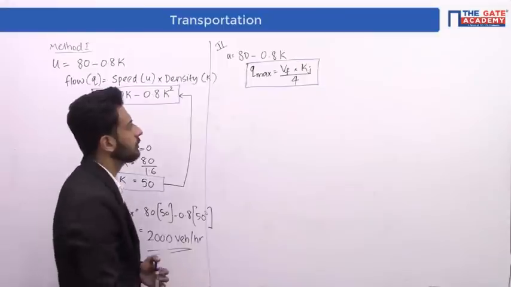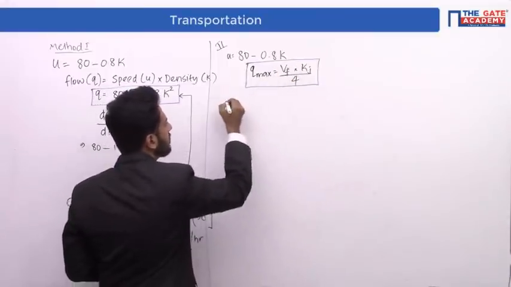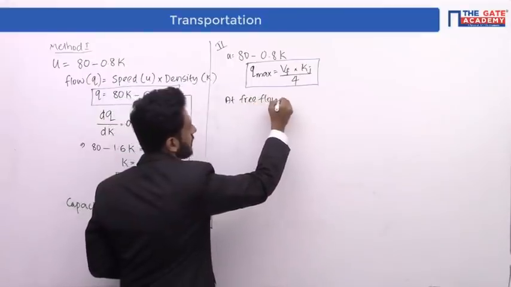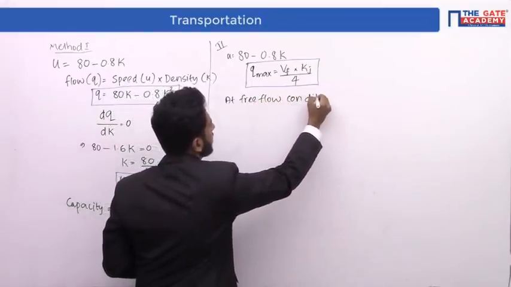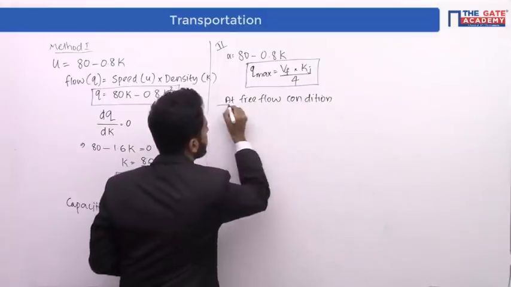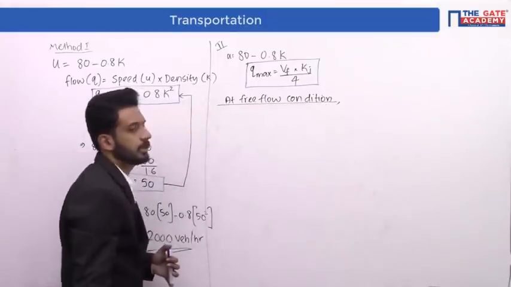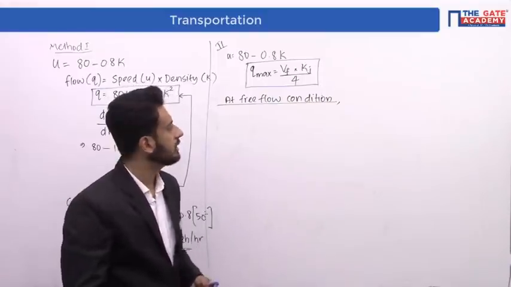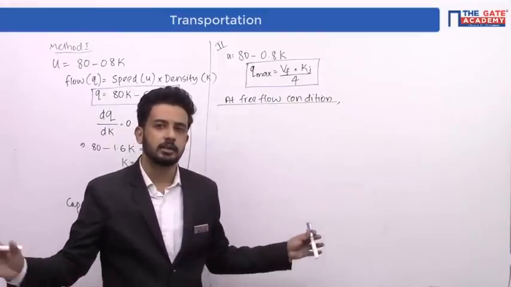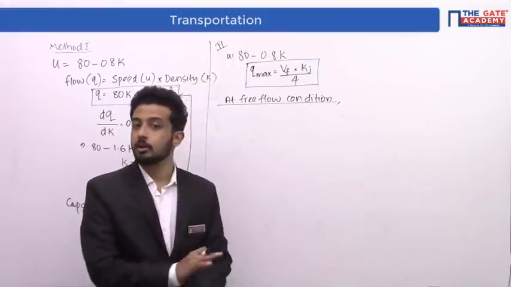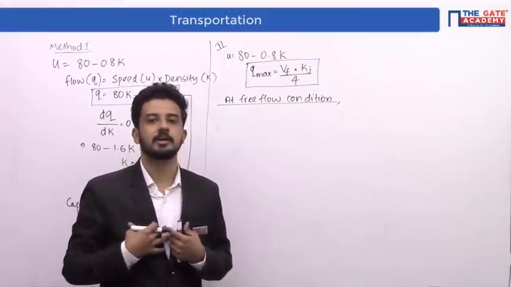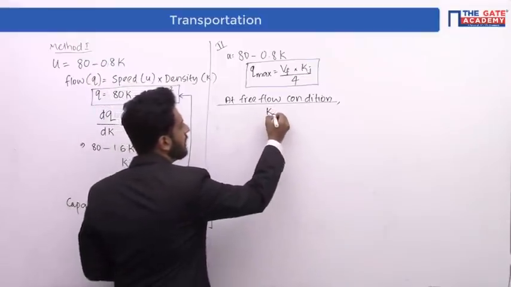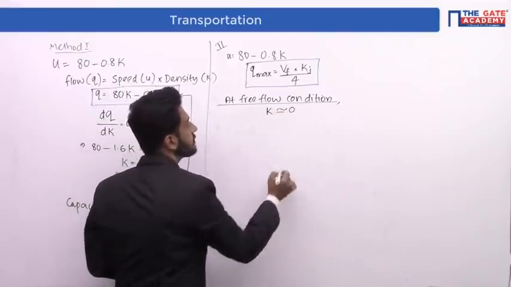Now, this Vf is the speed at free flow condition. So I am checking that condition. At free flow condition, there are no other vehicles to disturb us. We can go at any speed. So the density will be almost equal to 0.